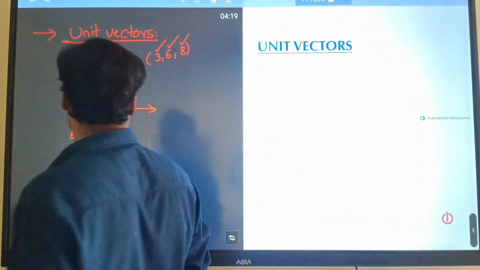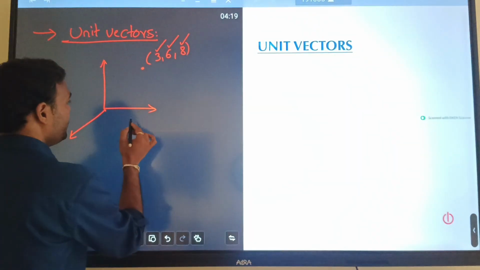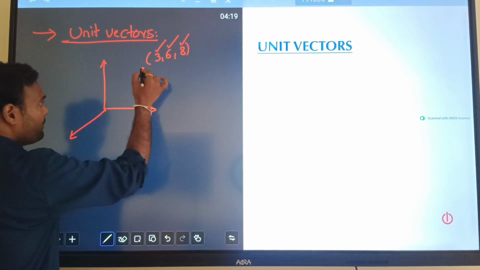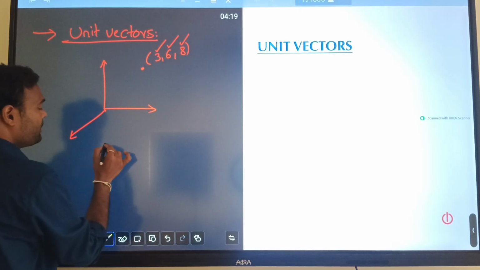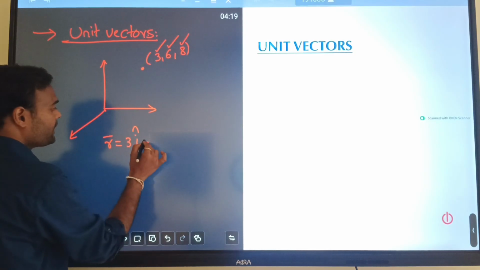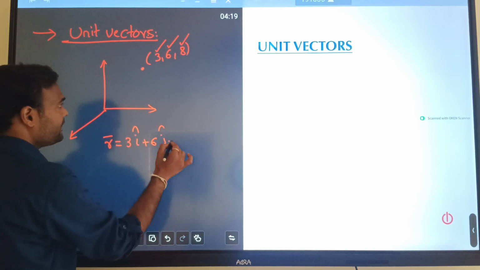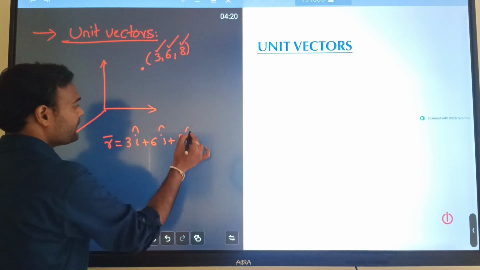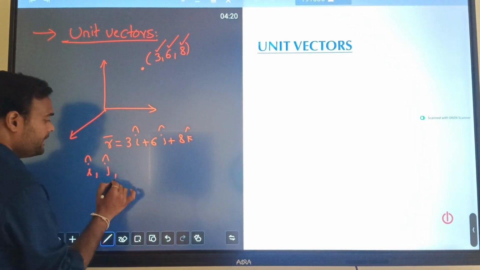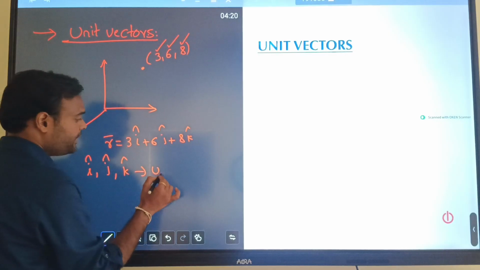For that purpose, we say these are the coordinates of this point. This point we can say in terms of a vector as r = 3i + 6j + 8k. Here i, j, k are unit vectors.